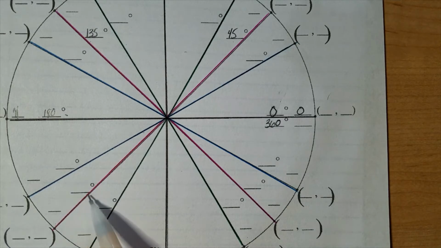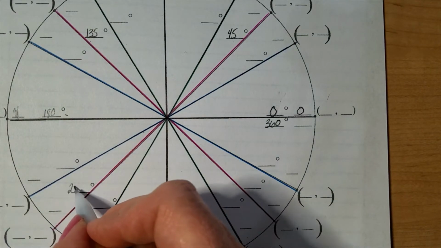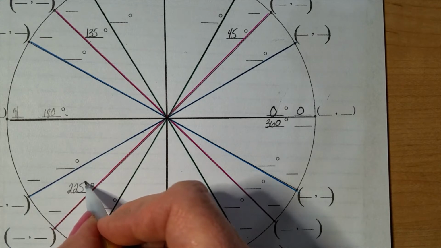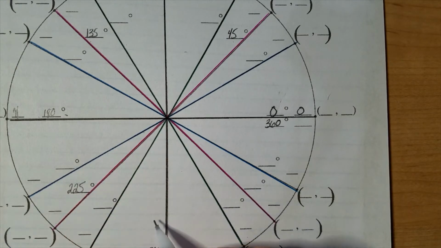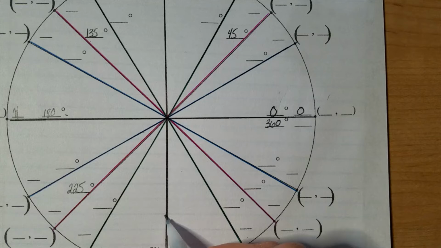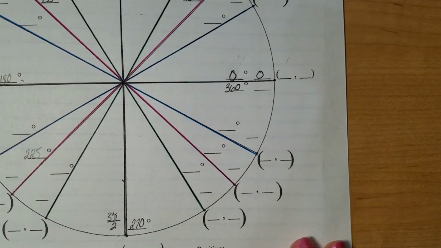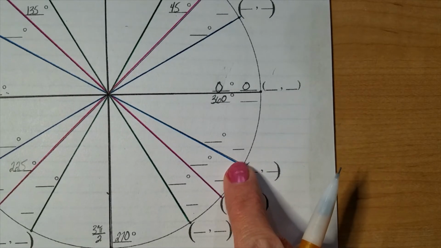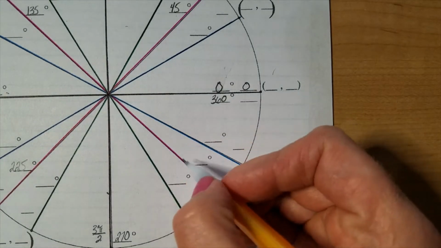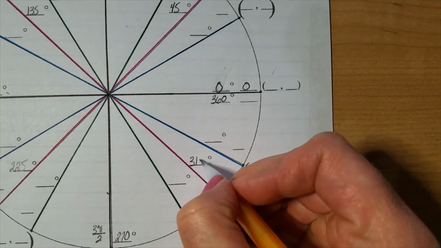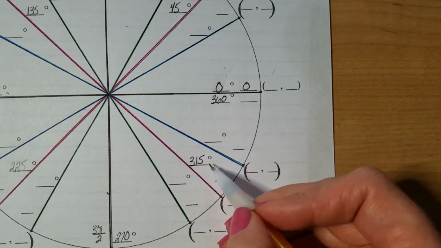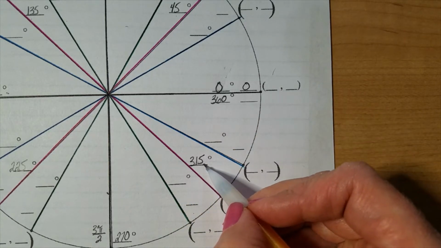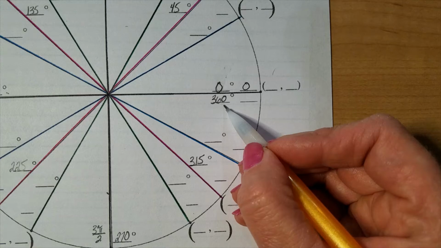Add another 45 degrees, we are at 225 degrees. Plus 45 degrees brings us to 270 degrees. 270 degrees plus 45 degrees, it brings us to 315 degrees. If you add another 45 degrees, you are back at 360 degrees.